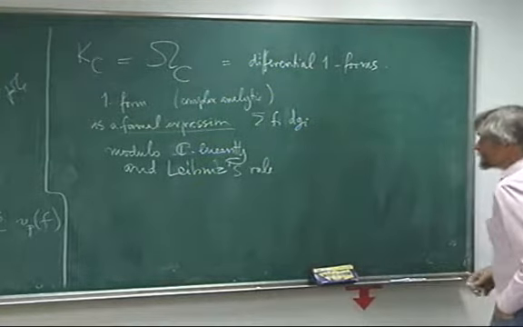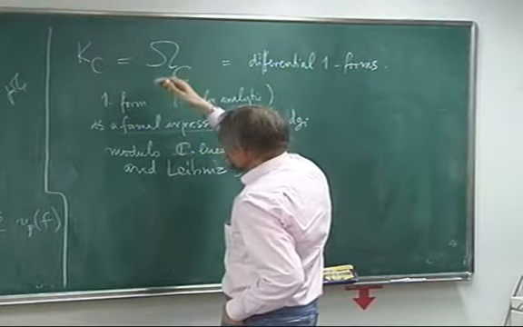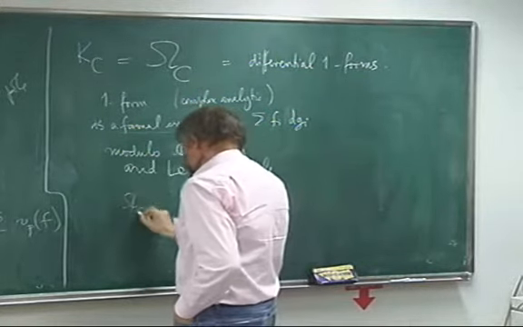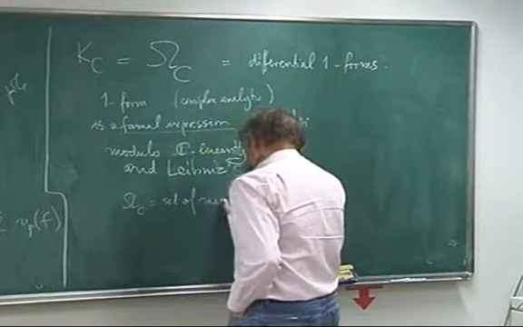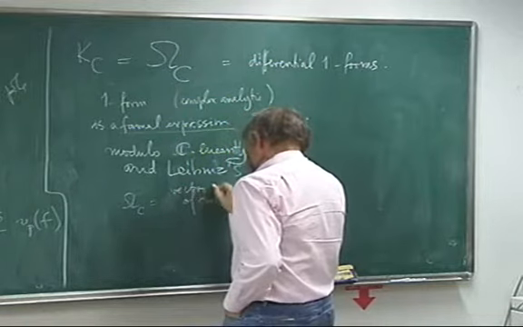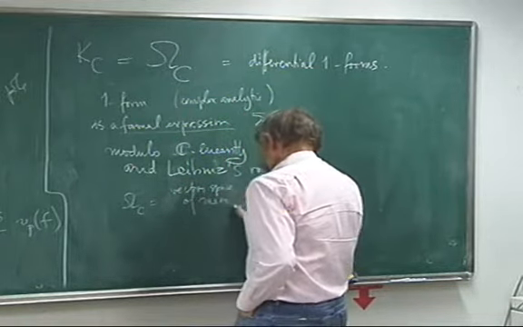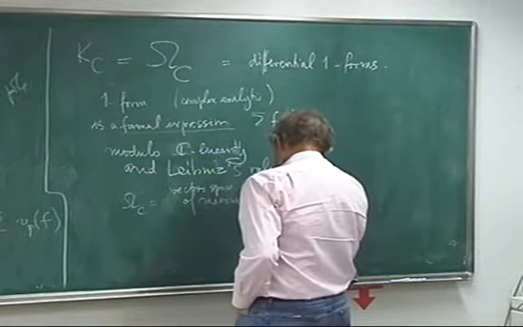All right. So omega c is the set of meromorphic one forms, the vector space of meromorphic one forms.